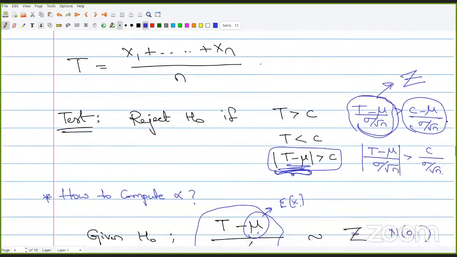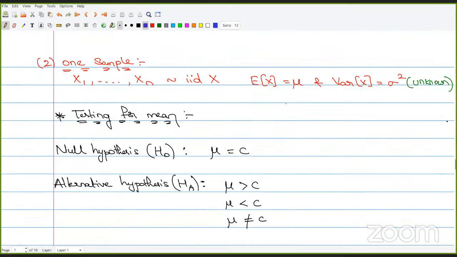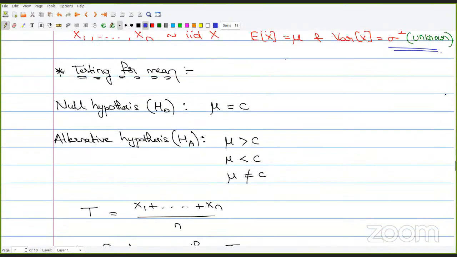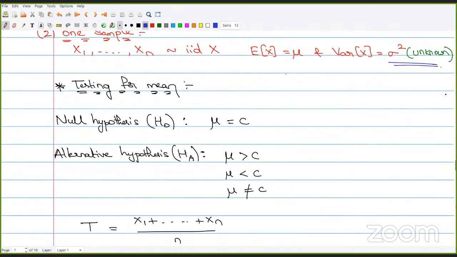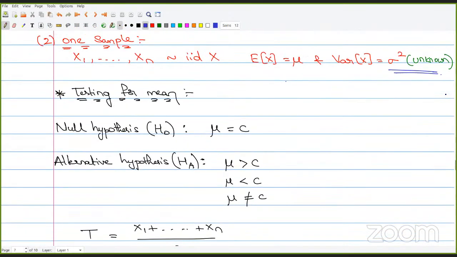What if it is not known? Here the setting is the same, but the only change is that the distribution variance is unknown. You don't know the distribution variance. Then the test statistic will be t itself. We take some n samples, and once you take these n samples, we can compute the sample variance.